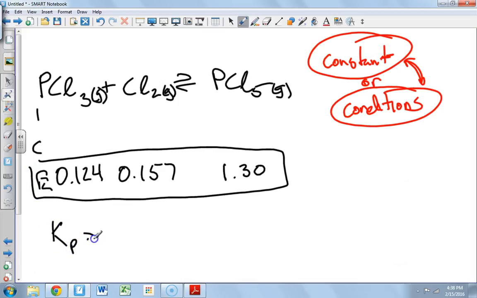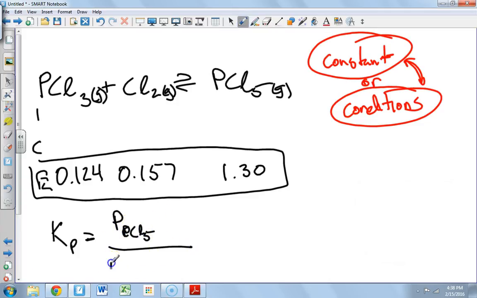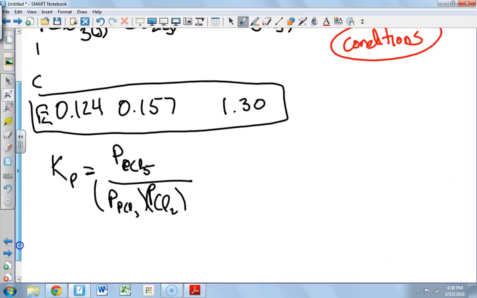So remember, Kp is the pressure of PCl5 over the pressure of PCl3 times the pressure of Cl2. No coefficients, so we don't have to worry about anything.